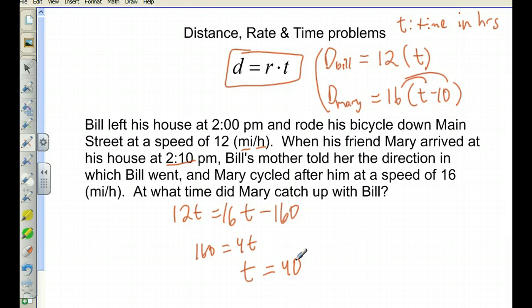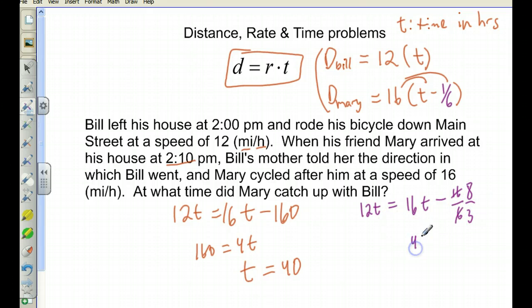So, I forgot something here. You know what I did? I forgot. We were really working in hours, and I was thinking we were working in minutes. And so that's really 40 minutes. But I would probably rather do this problem as, let's change that to maybe 1/6 of an hour. I think that would be a better way to do it. So if I solve that problem, I'd have 12t equals 16t minus 16/6, or in other words, 8/3.